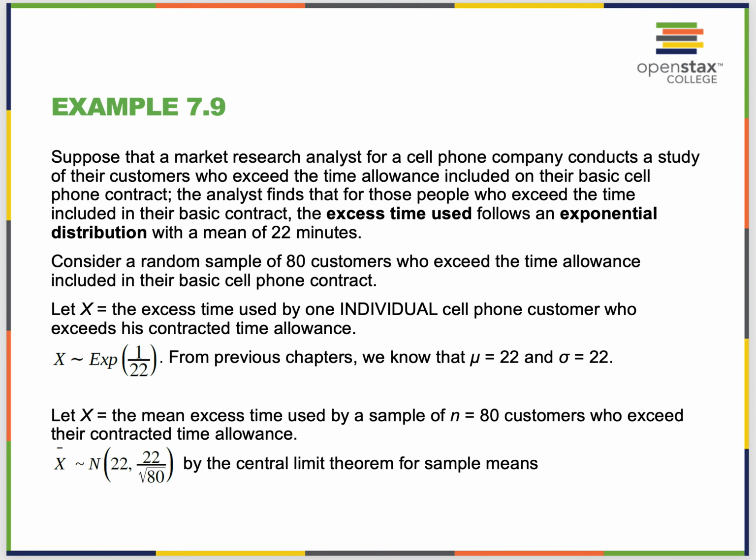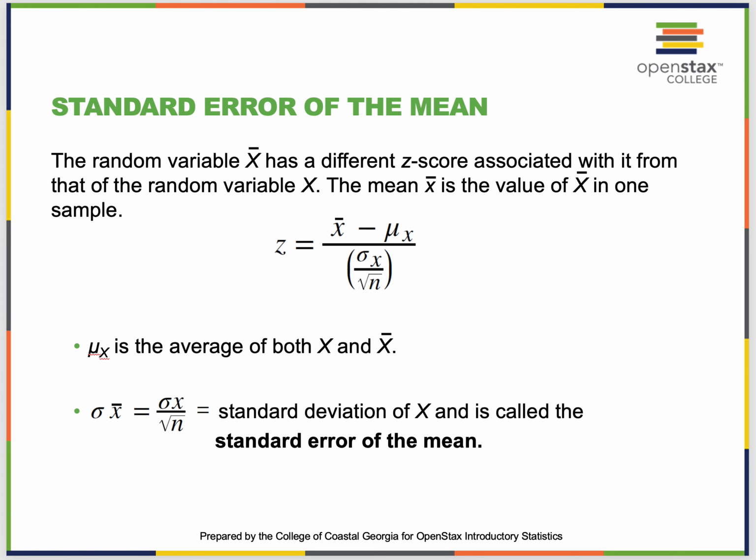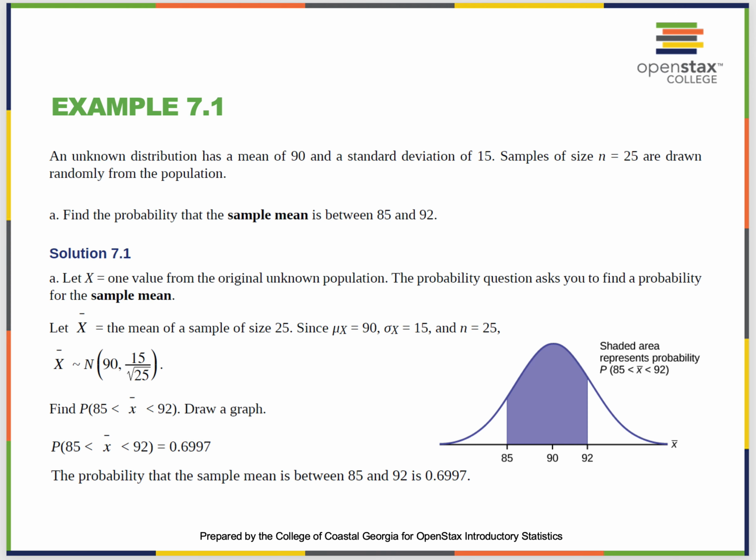But I want to say this. You're going to have a quiz on Tuesday. Class will be face-to-face. And the quiz will have 3 problems on it. Everybody must do the first 2 problems. It will have a problem like this example 7.1.